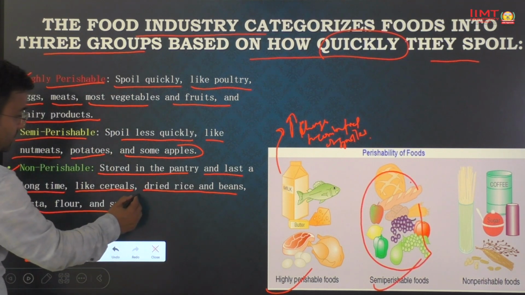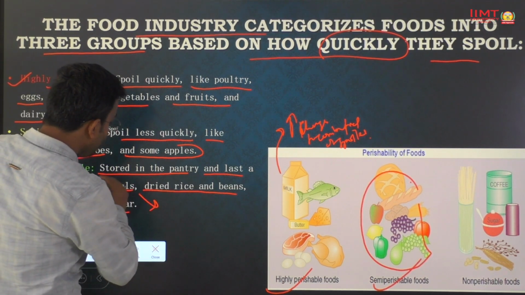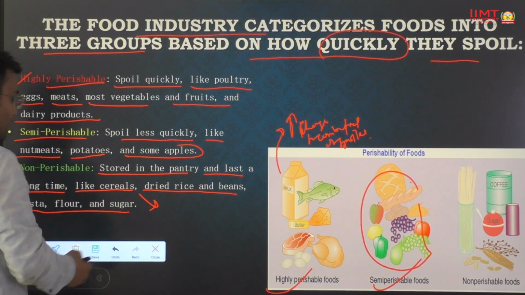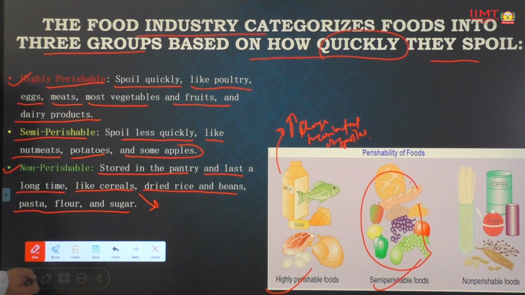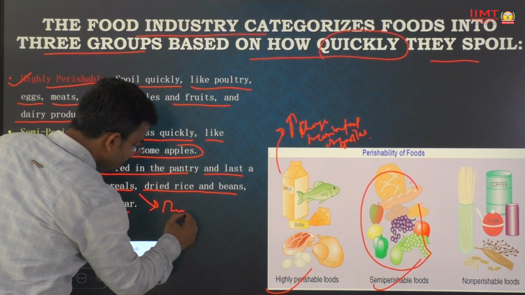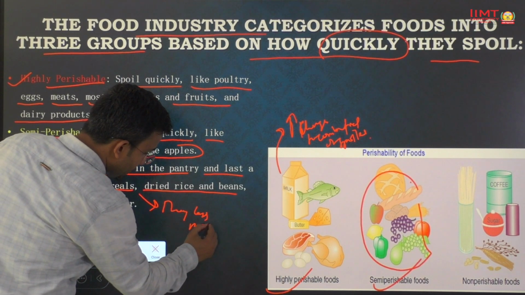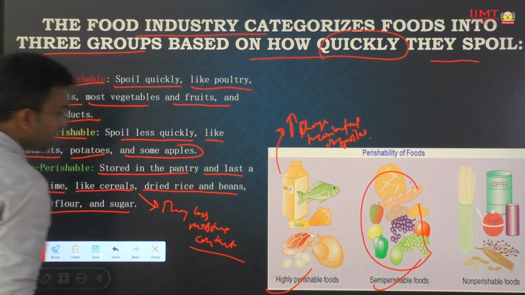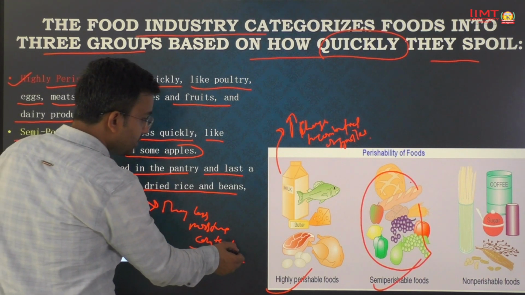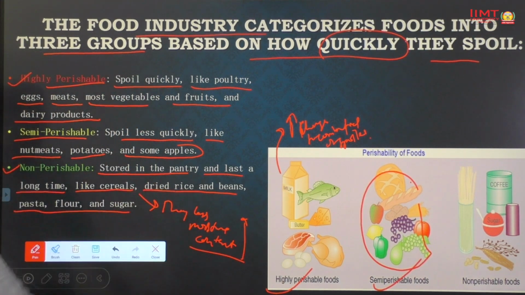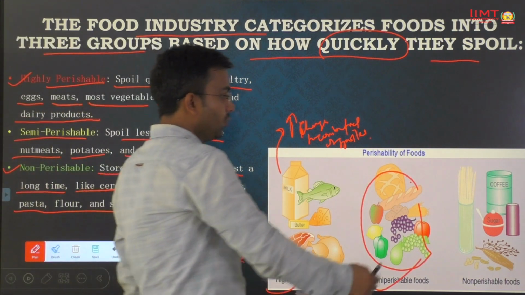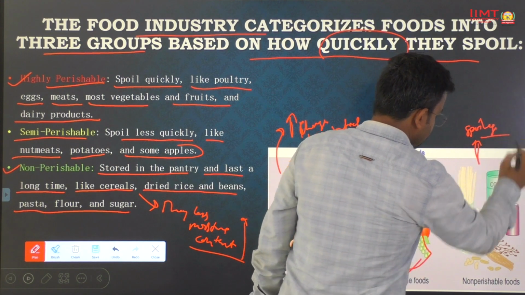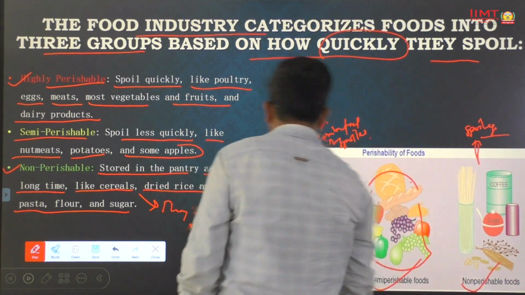Why are these food items non-perishable? Because they have less moisture content. Moisture content is the main parameter which can affect food items for spoilage. So it is a non-perishable condition.